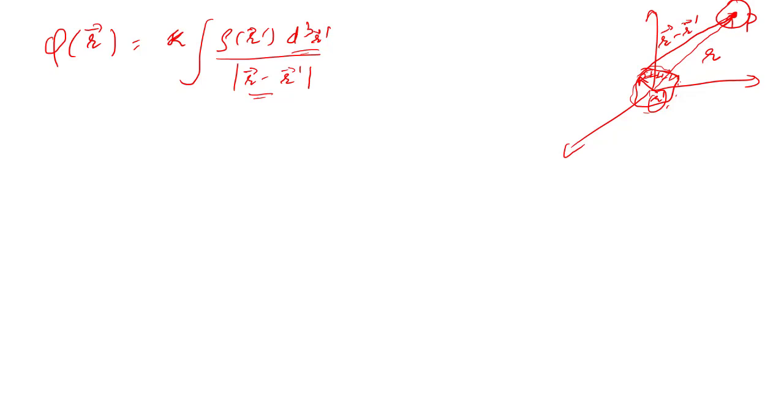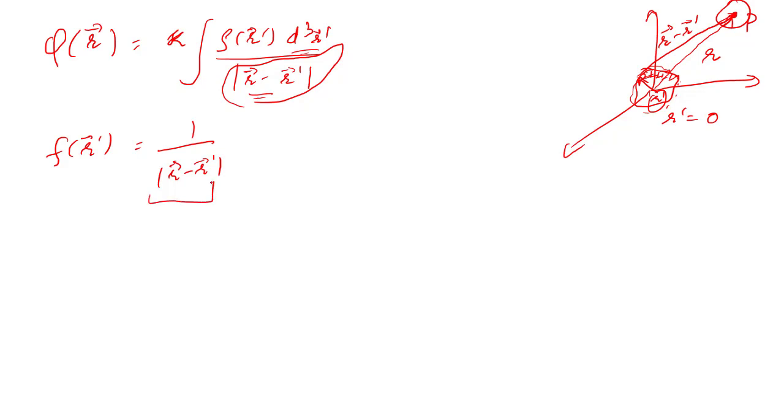So what we did in multipole expansion was we looked at this function. We looked at f of r prime as 1 over r minus r prime, and we wanted to set r prime to the origin, to 0, and expand this function. That's what gave us the multipole expansion.